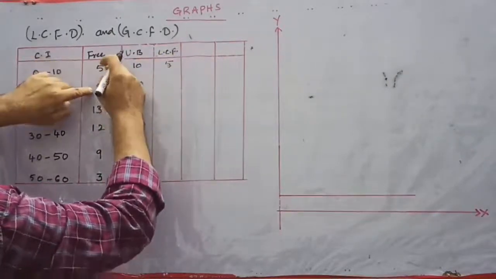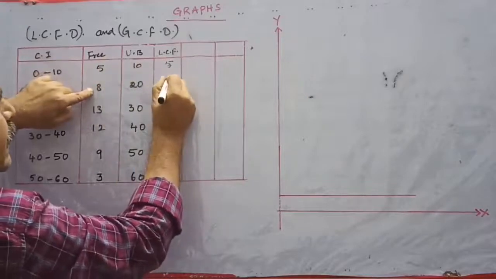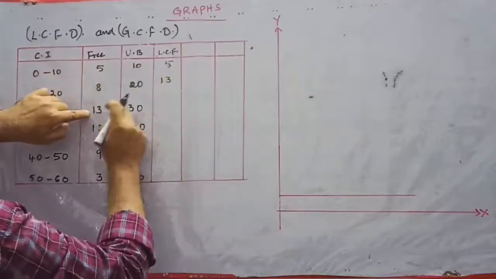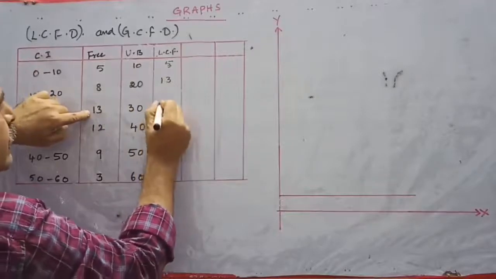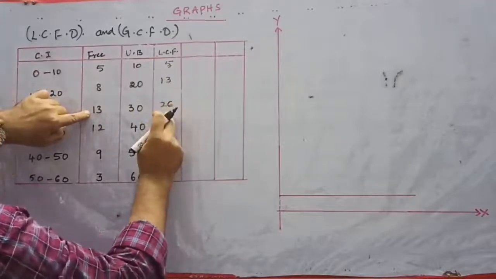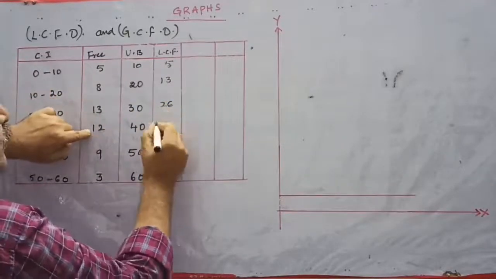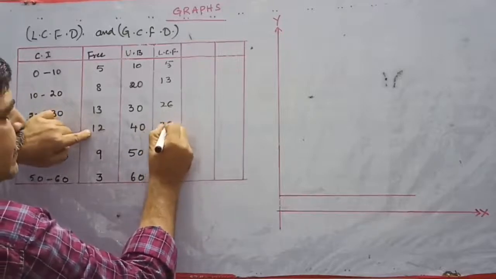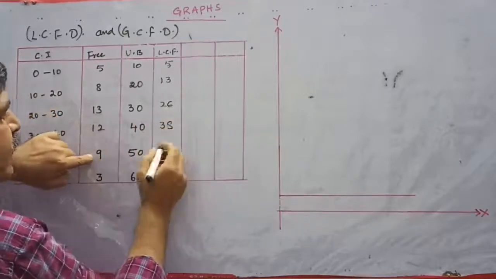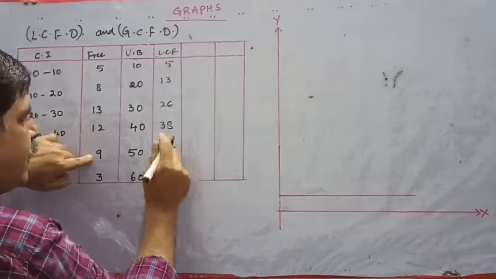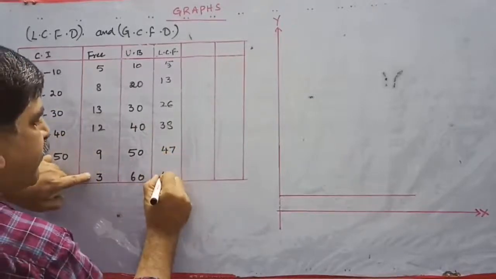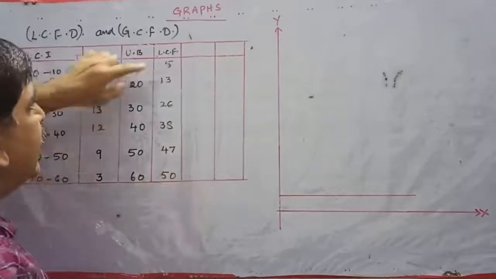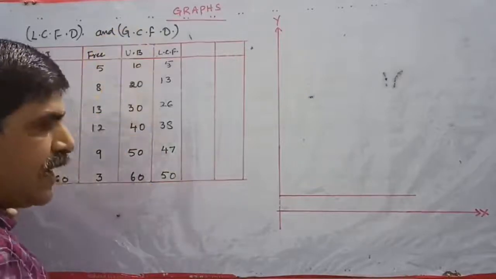Next add these two, 5 plus 8, 13. Next 13 plus 13, 26. 26 plus 12, 38. 38 plus 9, 47. 47 plus 3, 50. So this is less than cumulative frequency.